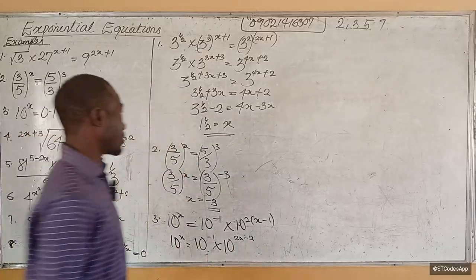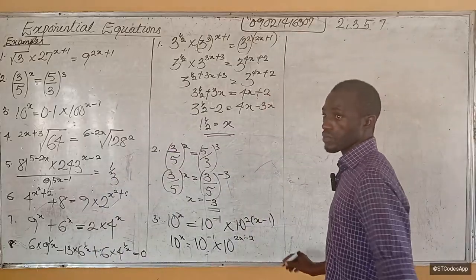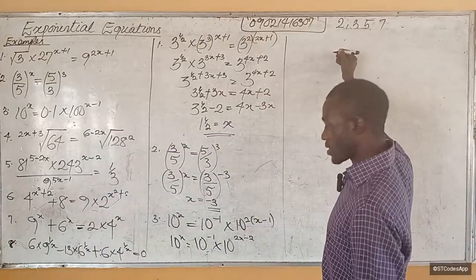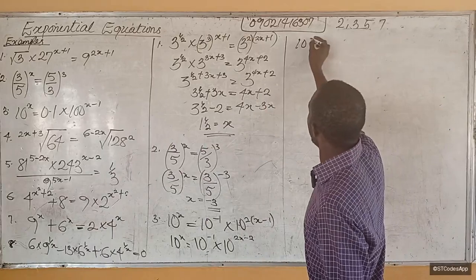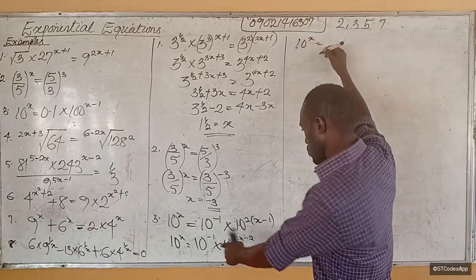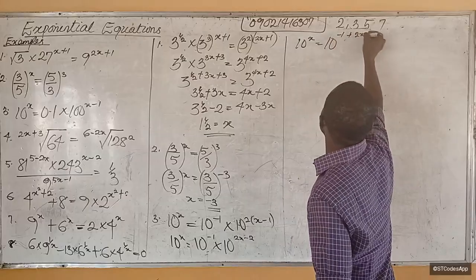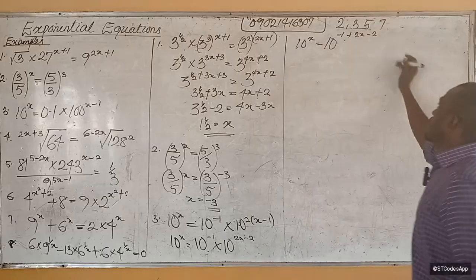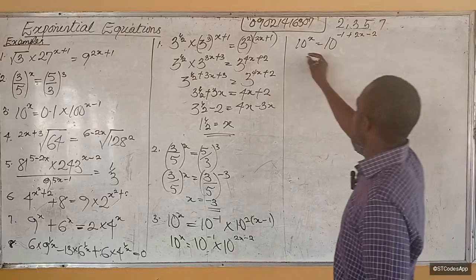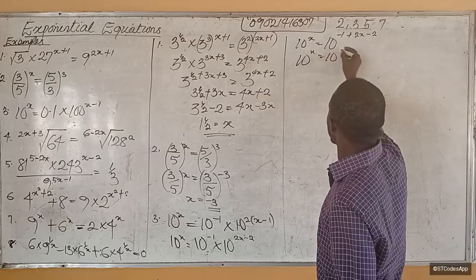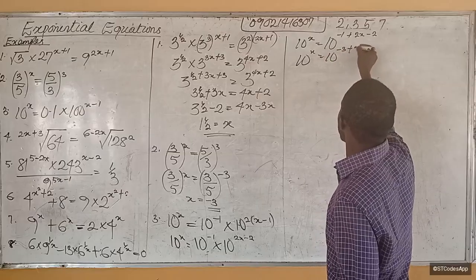By the time you work that out, this becomes 10 raised to power x is equal to 10 raised to power minus 1 plus 2x minus 2. Minus 1 minus 2 is minus 3, so I have 10 raised to power x is equal to 10 raised to power minus 3 plus 2x.